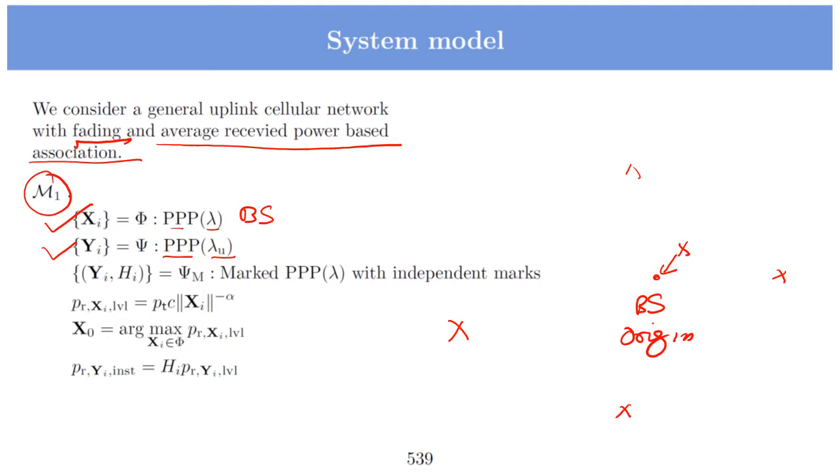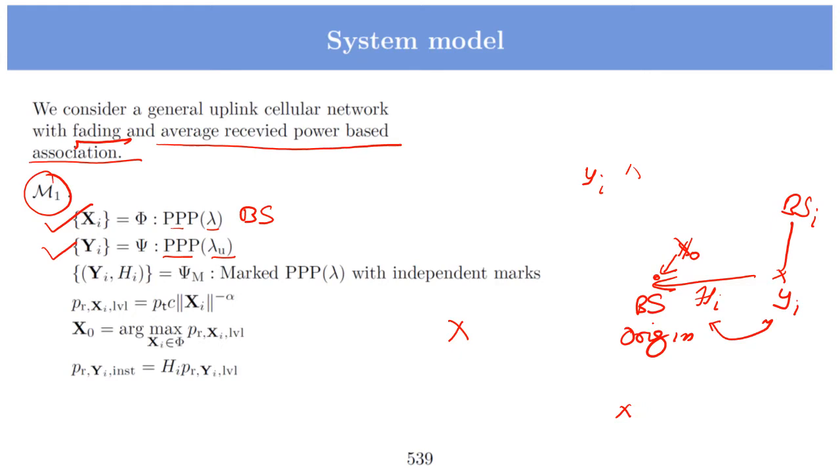Let's call it Y0. Then there are other users which are also transmitting to their respective base stations. They will also be interfering with this base station, and the link will have a fading Hi. So you can associate this Hi to the ith user, which is Yi.